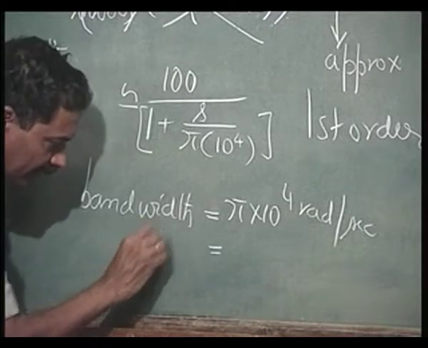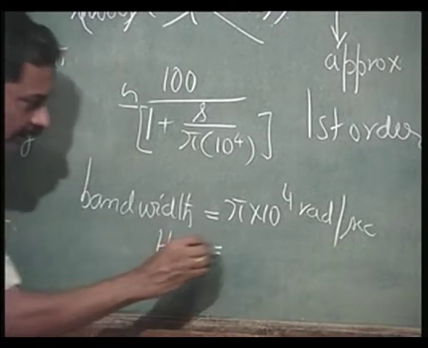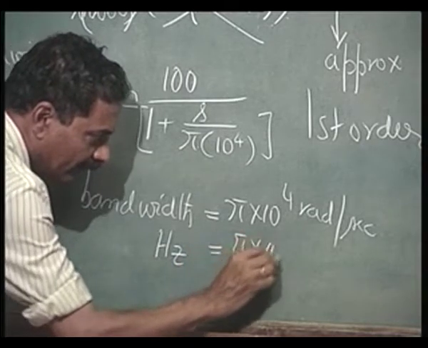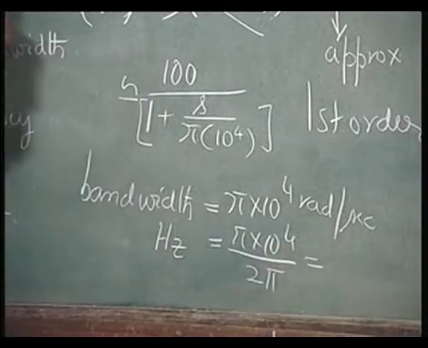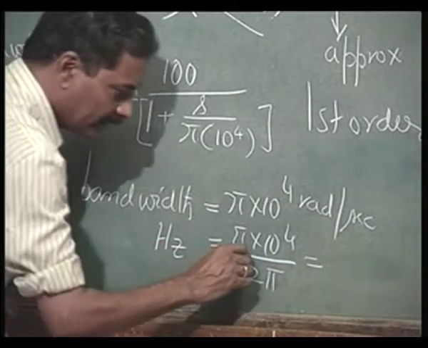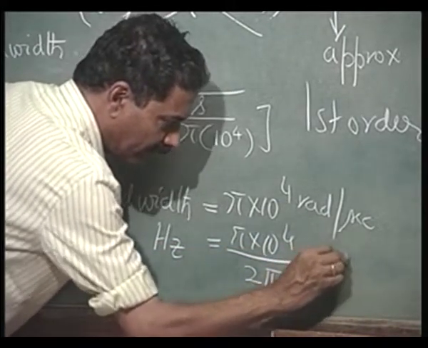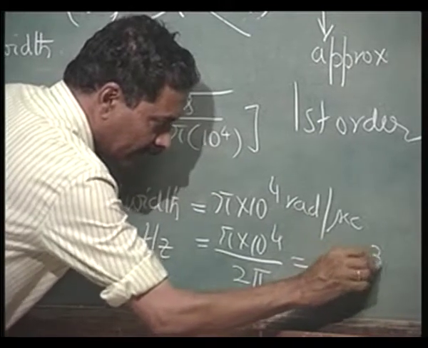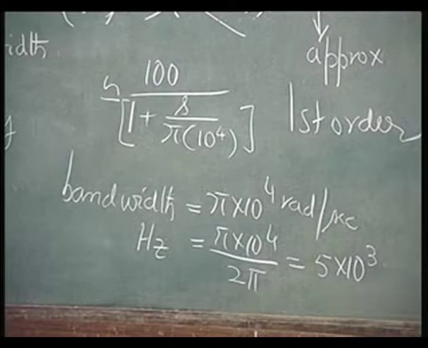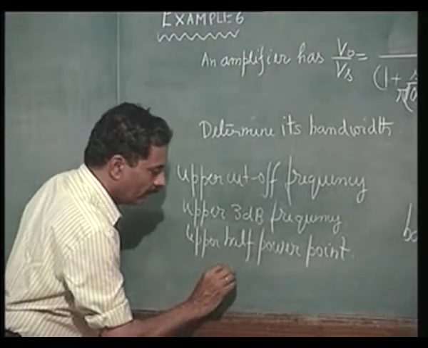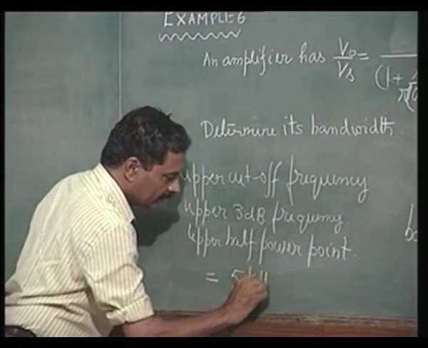So, in terms of hertz, this is going to be pi into 10 to power 4 divided by 2 pi, pi gets cancelled, 5 into 10 to power 3, or the answer is bandwidth is equal to 5 kilohertz.